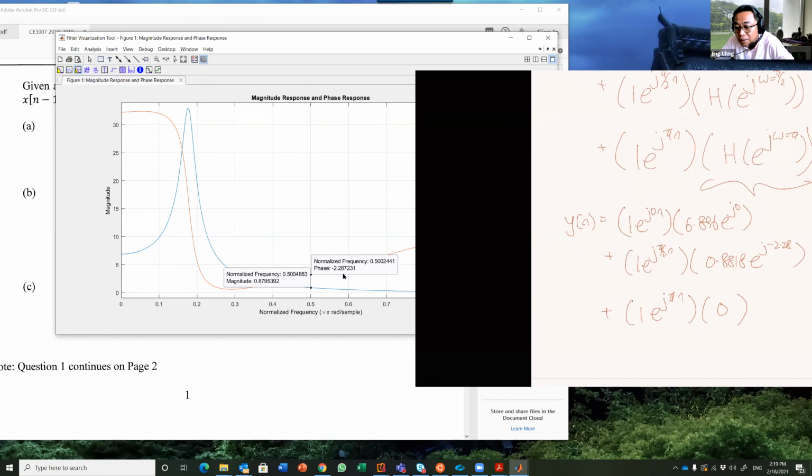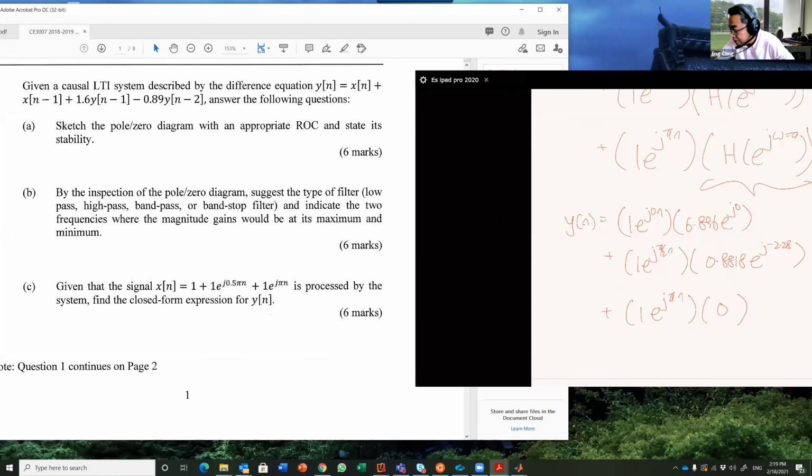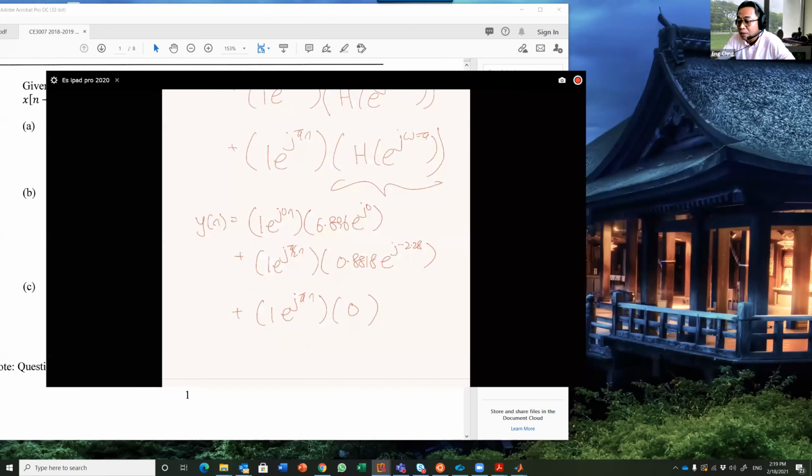Okay, 0.88 and minus 2.28. So we get the magnitude and the phase. So with that, I've answered 1A, B, C in about 40 minutes. This is way too long. You don't have this amount of time to do this question. It should be done very, very fast.